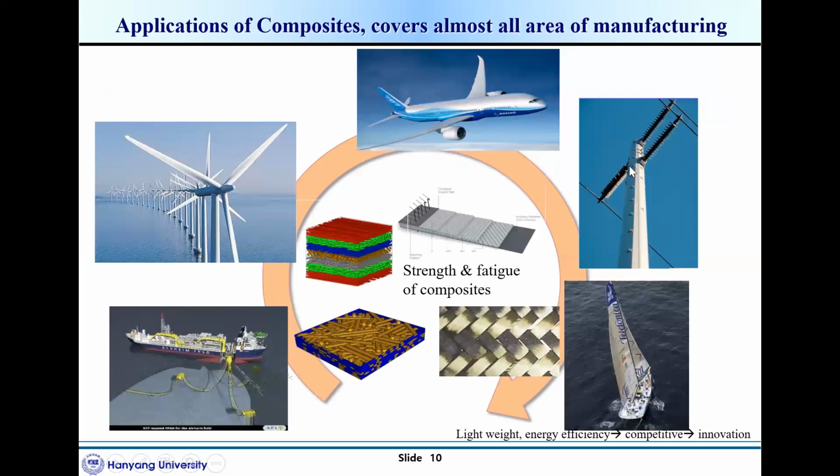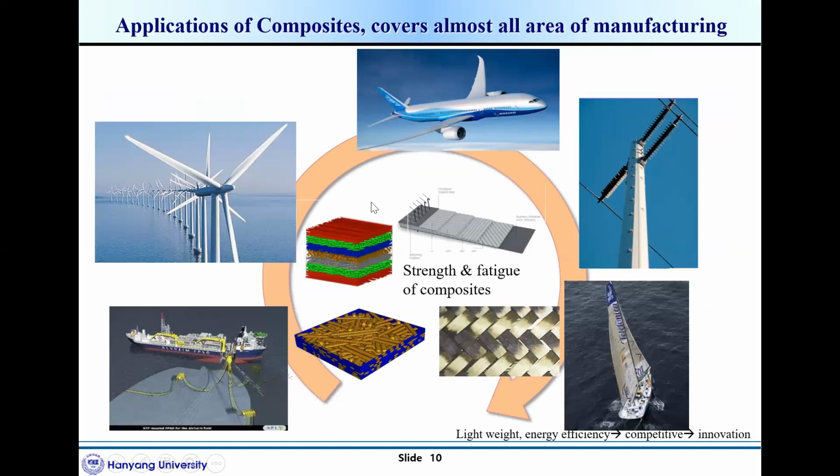And utility pole is being commercialized by BASF and now installed in India and China. And yacht, this mast and all kinds of structures, all made of composites, 100%, and each component can be analyzed using these tools, and also subsea pipes.